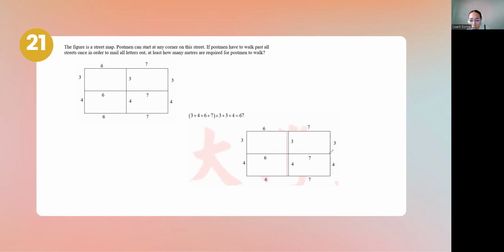Okay? So to pass through 3, okay, let's start at 7. Then let's have 4. And then let's have 7. And another 4. And then 3. Okay, 7. And let's pass through here. We'll pass through here twice.